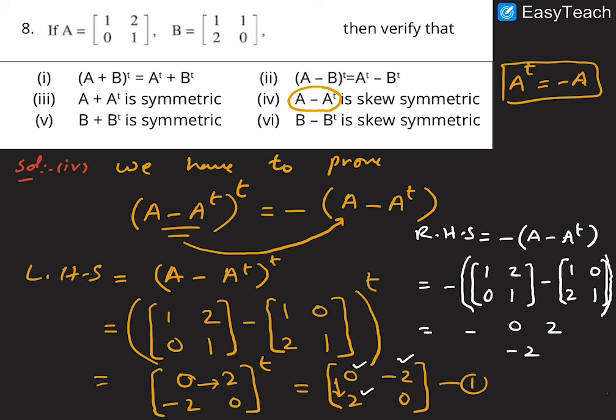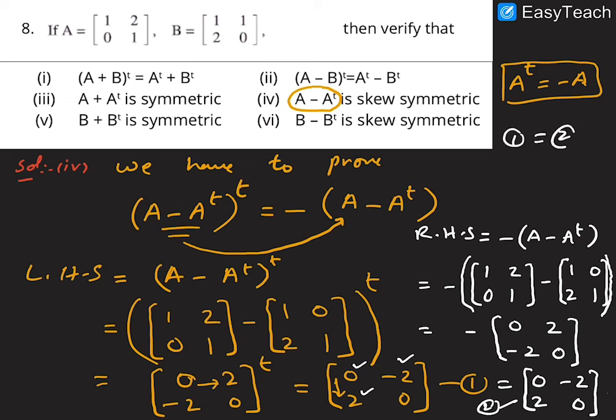Here we will get minus 2, 1 minus 1 will be 0. Now multiply by minus, so 0, minus into 2 is minus 2, plus 2 and 0. This is our equation 2, which is same as 1. So 1 is equal to 2, left hand side is equal to right hand side. So we can say that A minus A transpose is skew symmetric.